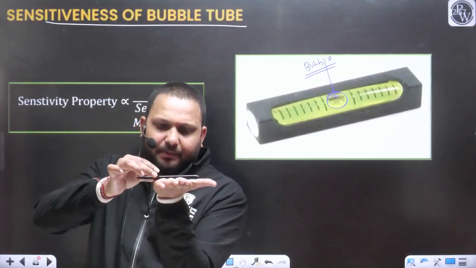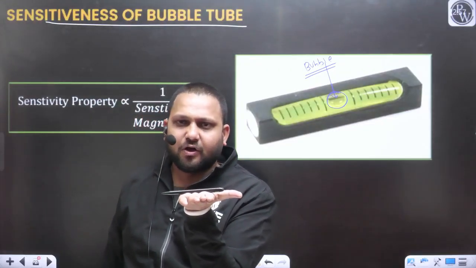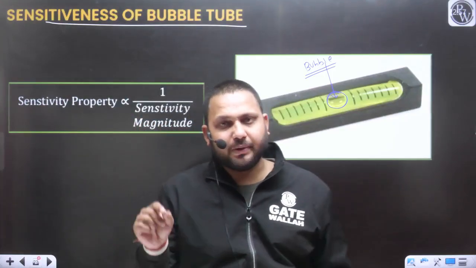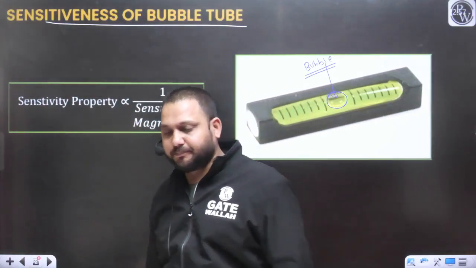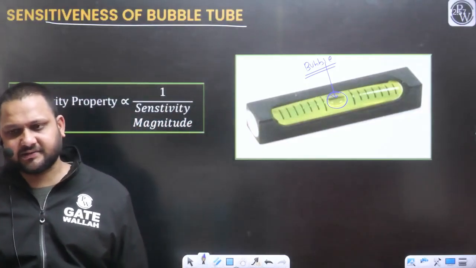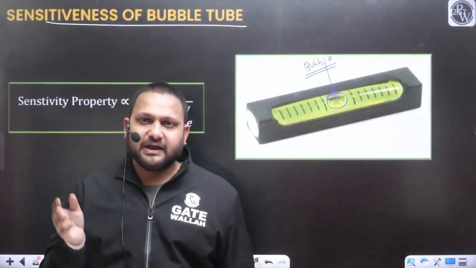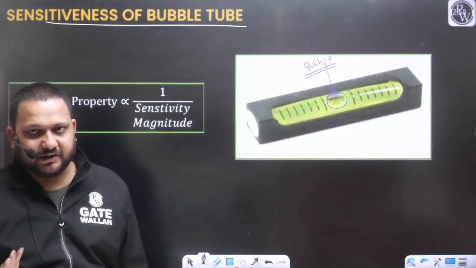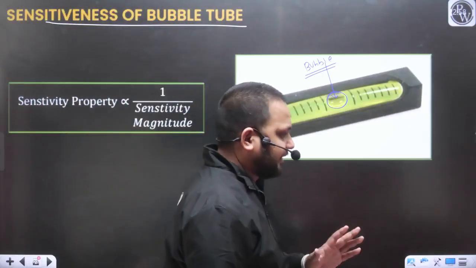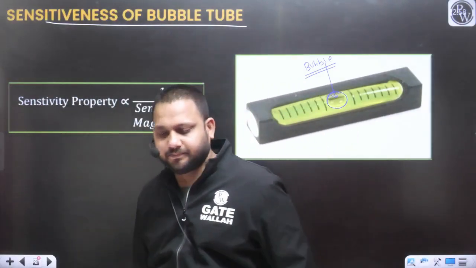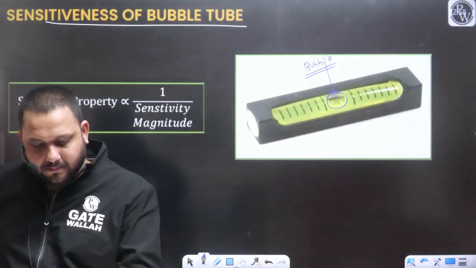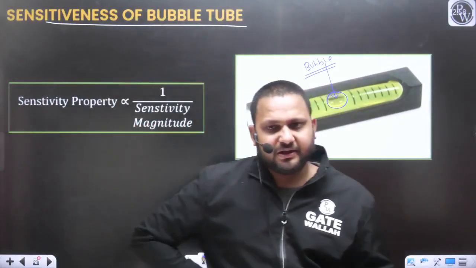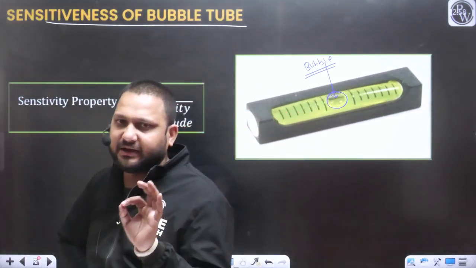When I place this bubble tube on that plane, what will be the position of the bubble? Definitely, undoubtedly, the bubble will be at the center. Yes or no? Very easily you can understand this point. If the plane is perfectly leveled in both directions, the bubble will be at the center.